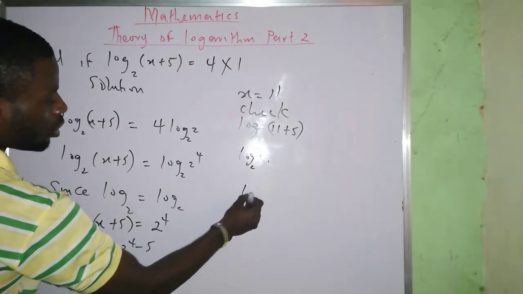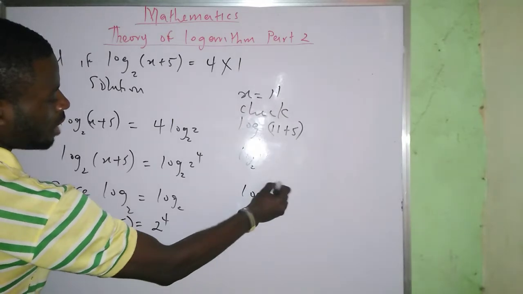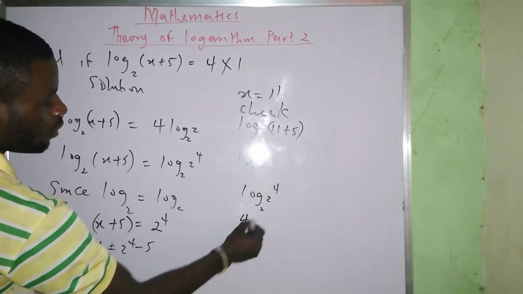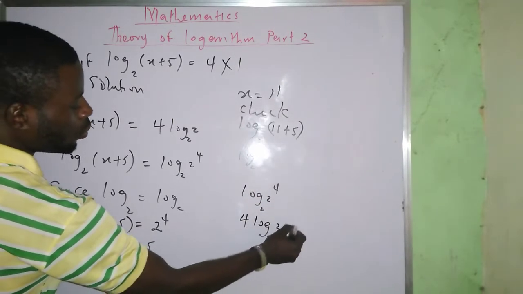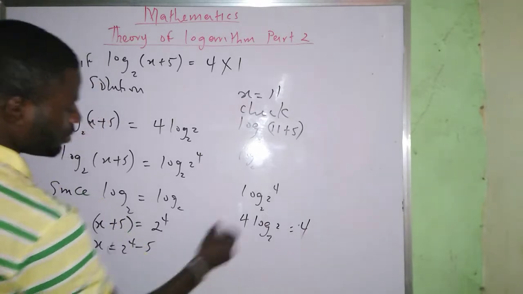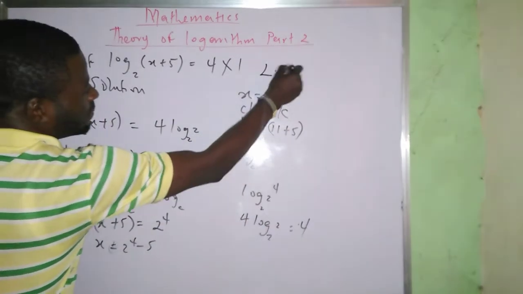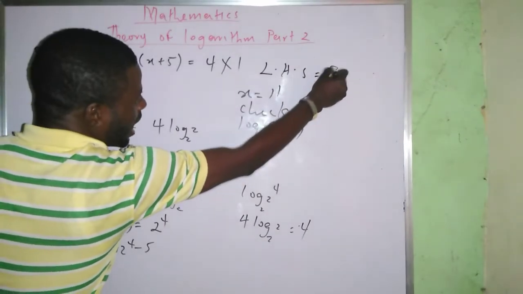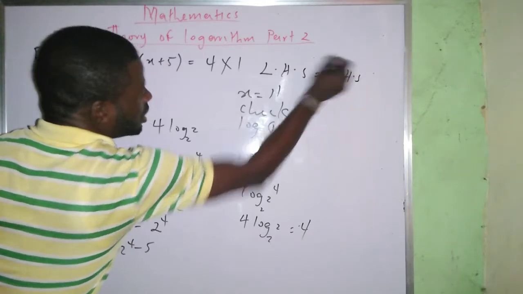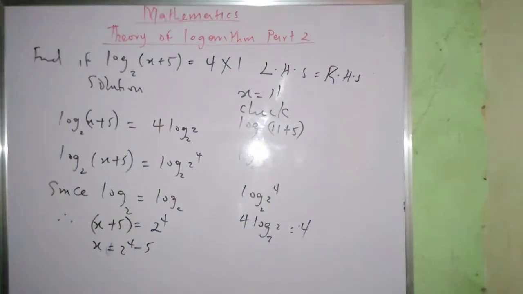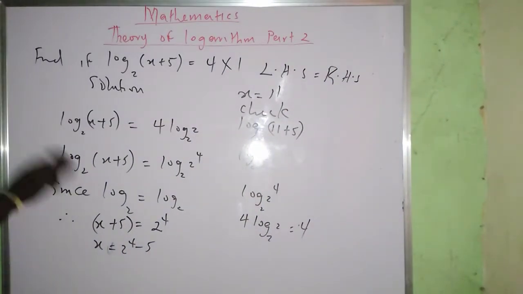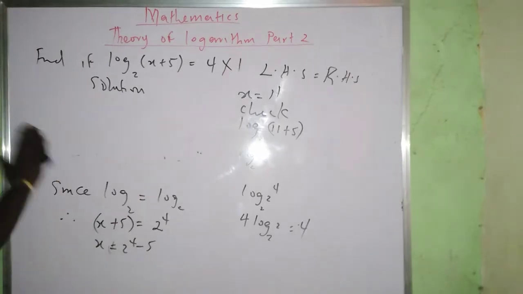Now, I have log 2 raised to power 4, which equals 4 log 2, which equals 4. Now, LHS must equal RHS. If they are not equal, you have not solved the equation. That is the logic behind any given equation.